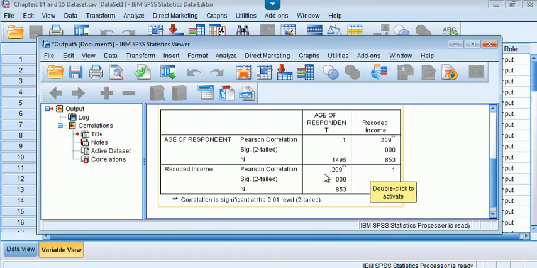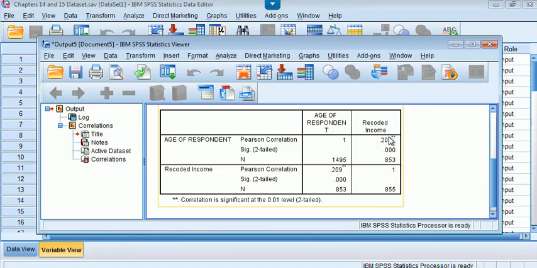On the off diagonals over here, you will start to see the actual bivariate correlations. In this box, we are correlating age of respondent with recoded income, and the same thing is happening in this box. The first number you see in this box is the actual Pearson's r correlation. That is 0.209.